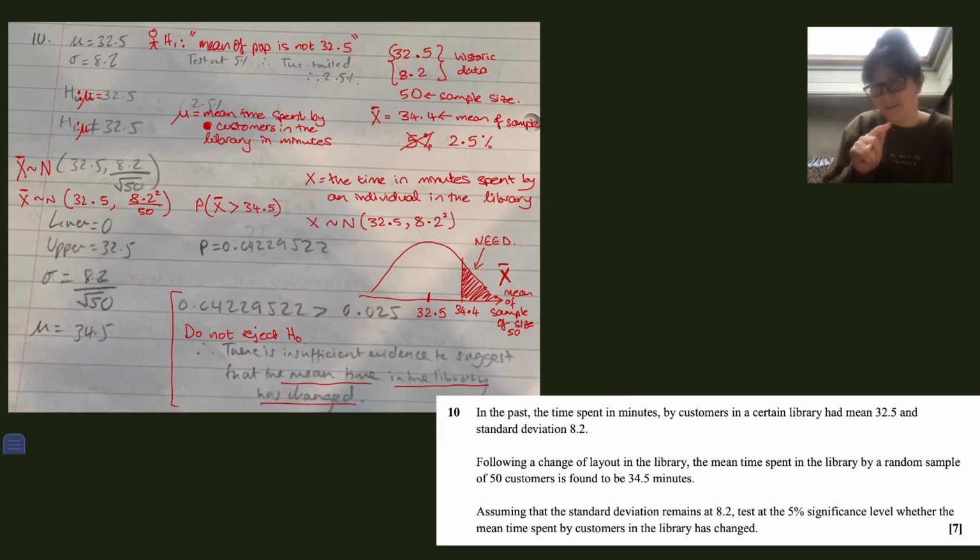You said mean time, but you missed out, if you look at the question, it says the mean time spent by customers in the library. And you've just shortened it to in the library. So there is a possibility that you would lose a mark here. Mean time spent by customers. Just copy every word of the claim in the question to be sure that you're going to get that extra mark.